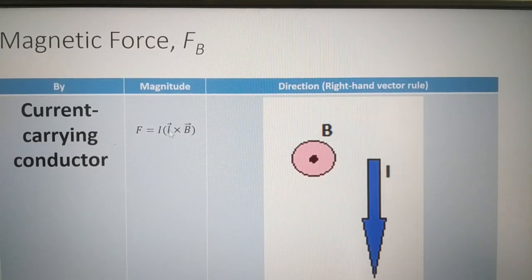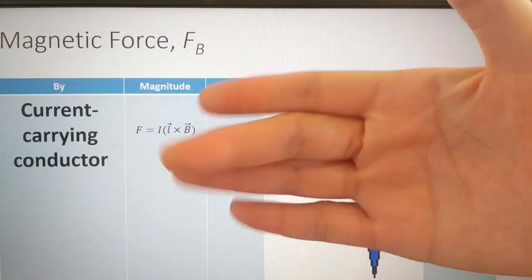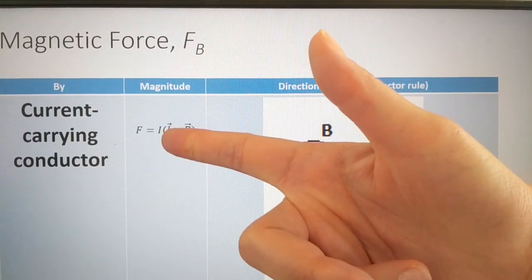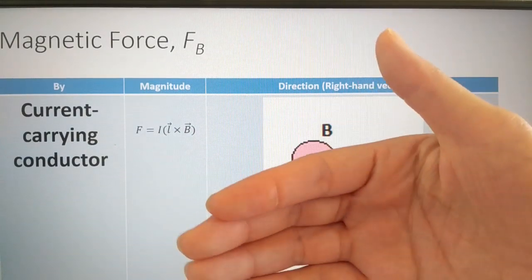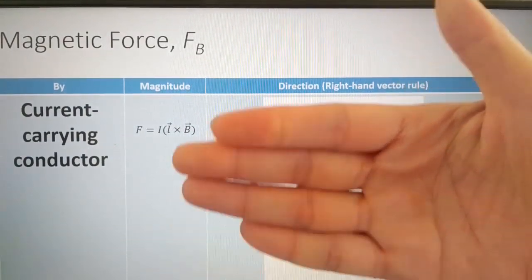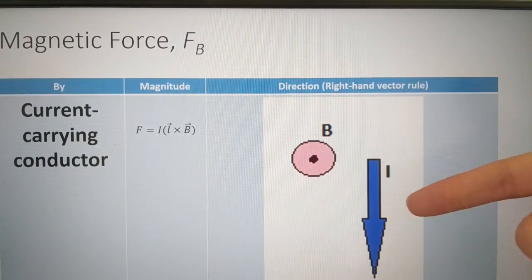What's the direction of L? It always follows the direction of your current I. So let's use the right hand vector rule to determine the direction. Your 4 fingers must first point in the direction of the first vector, which is L. We know that the direction of L follows the direction of your current I. In this case, what's the direction of your current I?